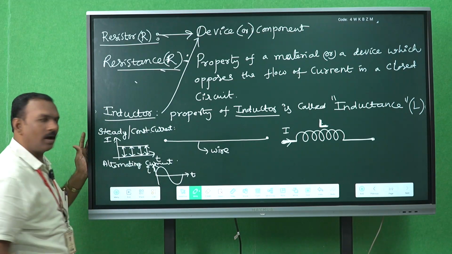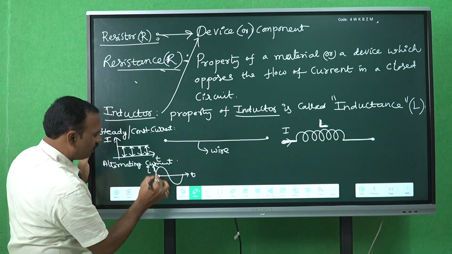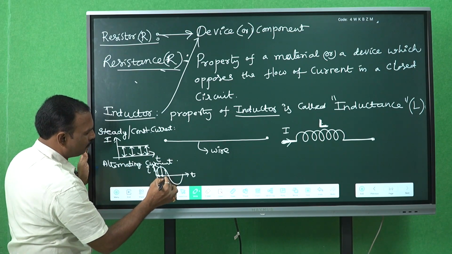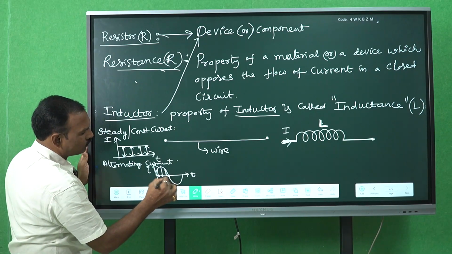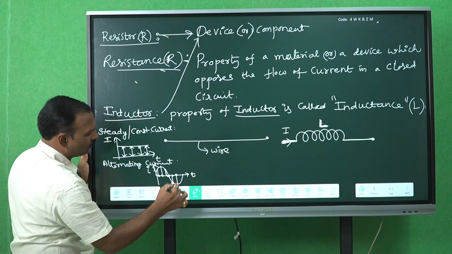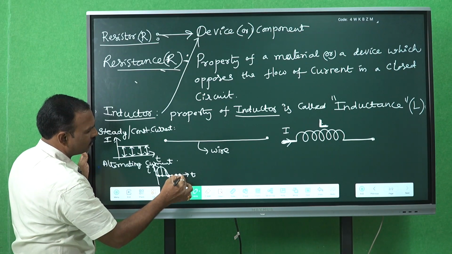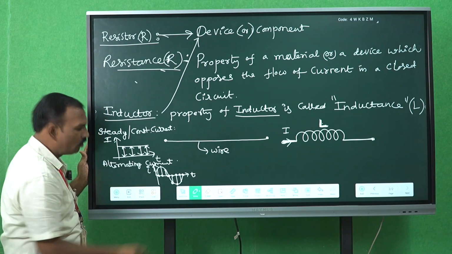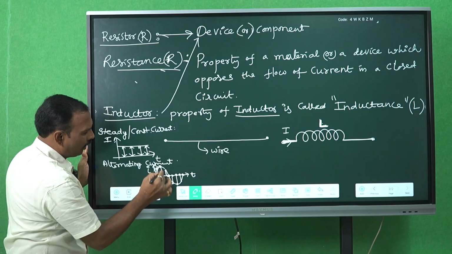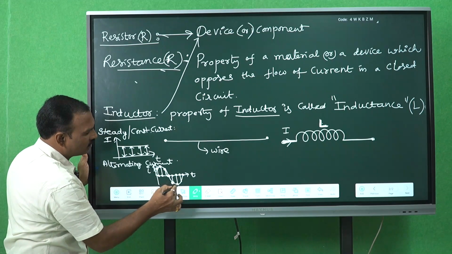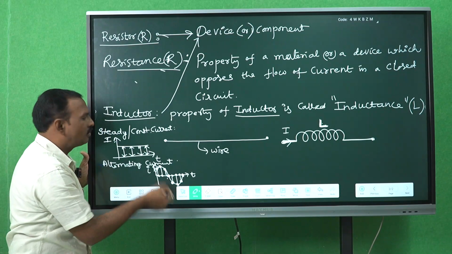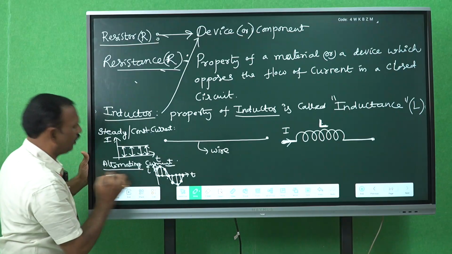For example, at this instant the magnitude is this much, at this instant it is this much, and here the magnitude is 0. At this instant it goes to 0 again. What we observe here is that the magnitude of the current alters at every instant of time. That's why this current is called alternating current.